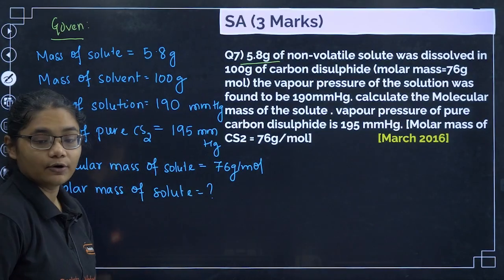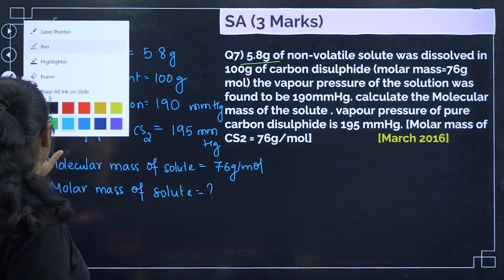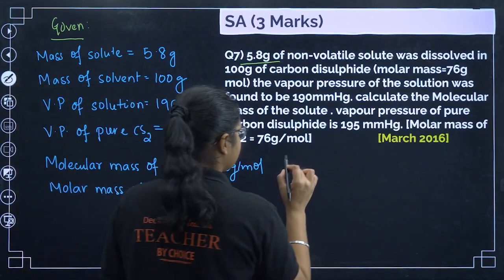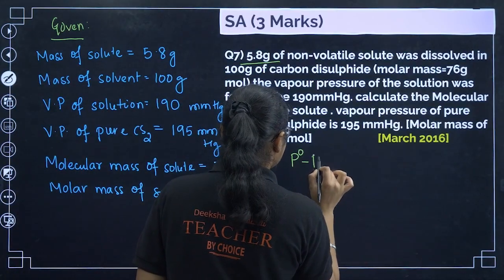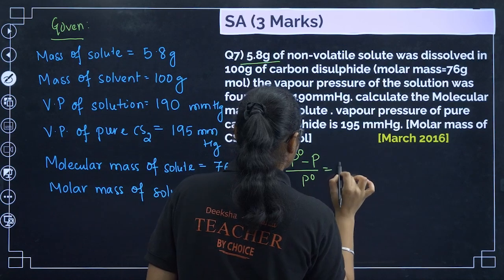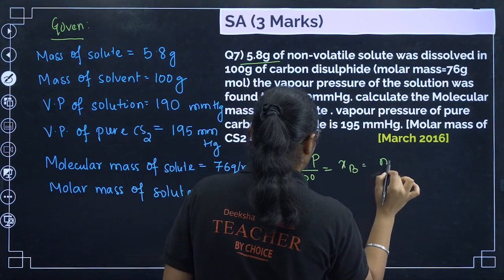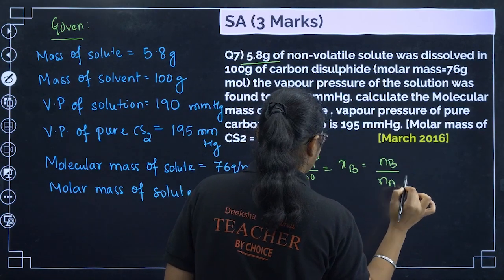That is what we have to find out. Now if I just try to substitute, what will be the formula we have? P0 minus P by P0 is equal to XB, which is equal to NB by NA, right?